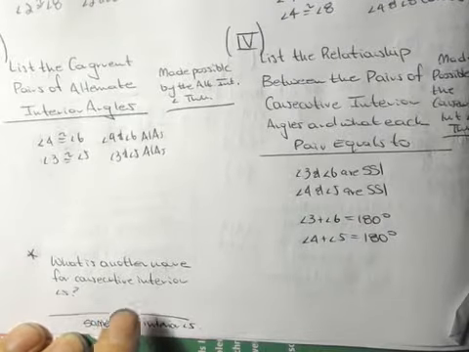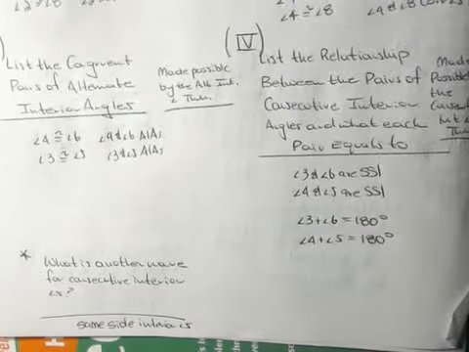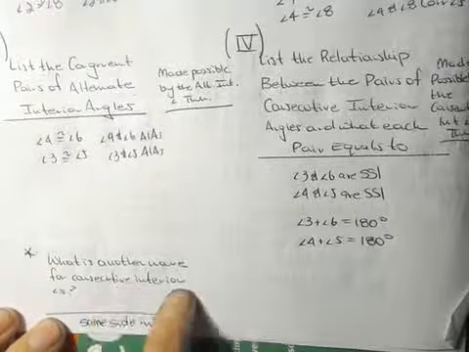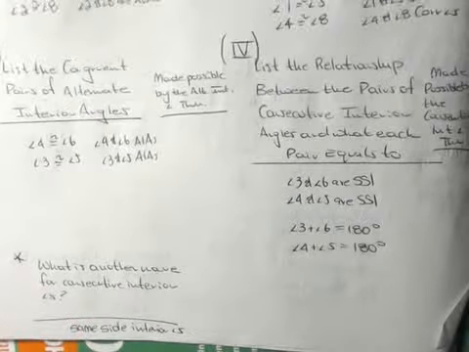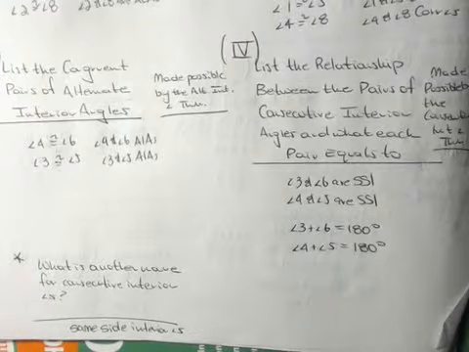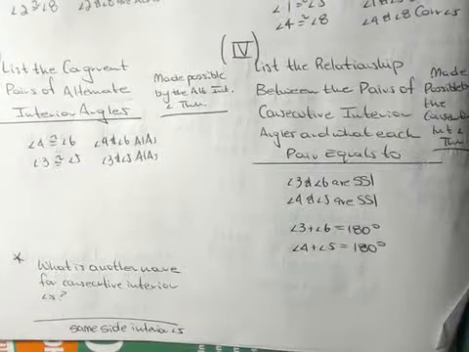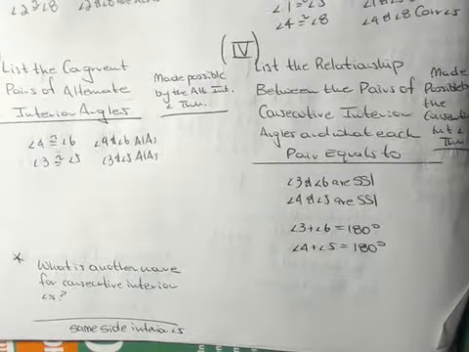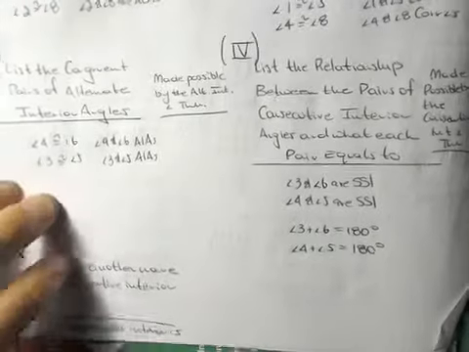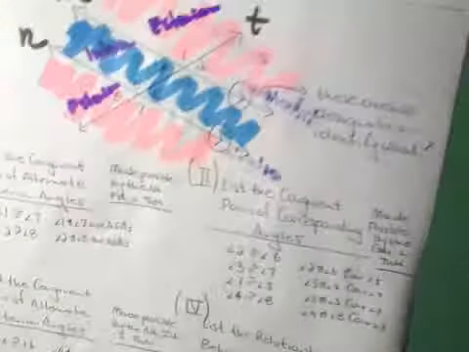I think consecutive interior is a little bit more confusing, but they're more formally known as consecutive interior angles. So you will see consecutive interior angles in mathematics more than same side interiors, at least in my experience.